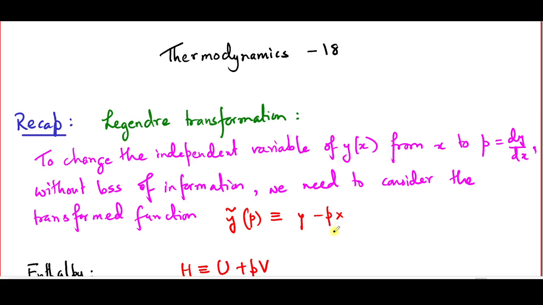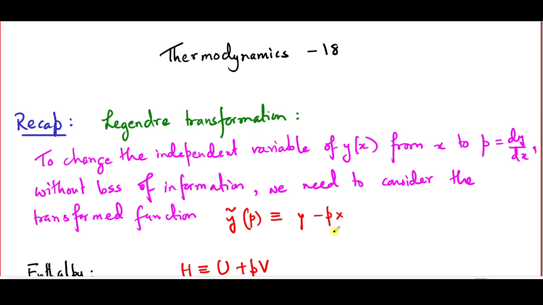Geometrically, the reason behind this was simply that if we know all the tangents to a curve, then we can automatically recover the curve itself, and y minus px happens to be the intercept of a tangent at the point x, y, whose slope is p.